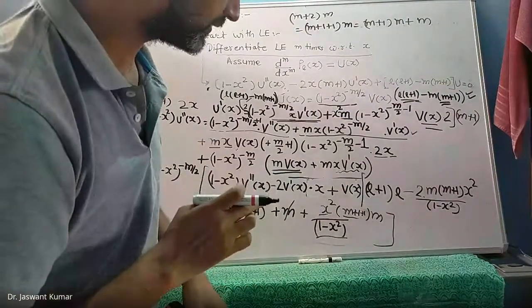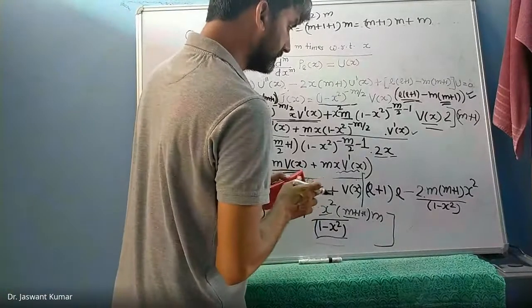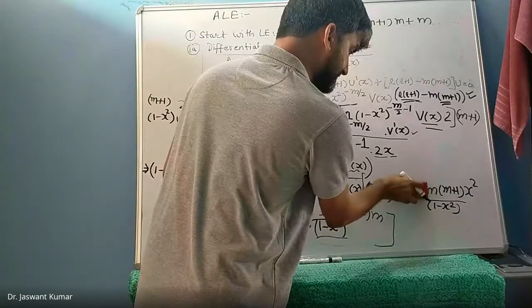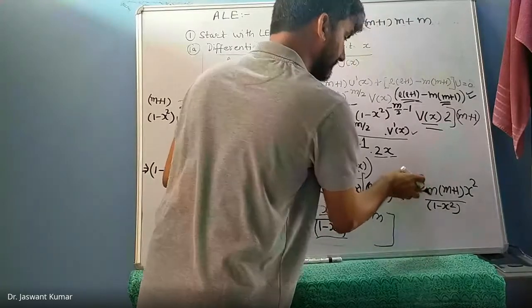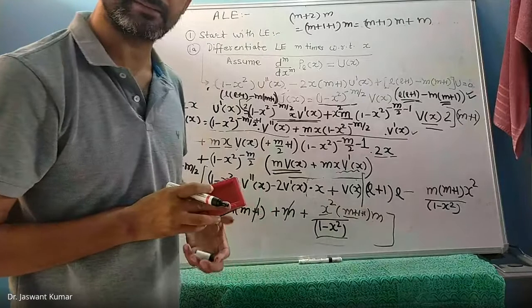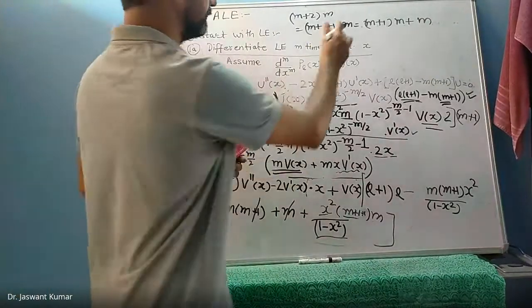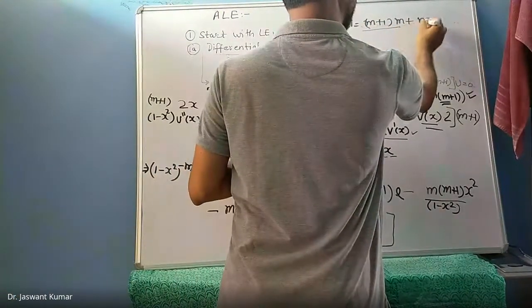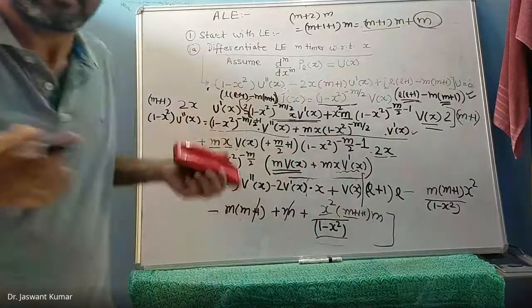Getting me or not? Yes, sir. So this minus 2 changes to minus 1. And what is left in this m plus 2 into m? What is left is this is gone. So only this thing is left. m upon 1 minus x square.